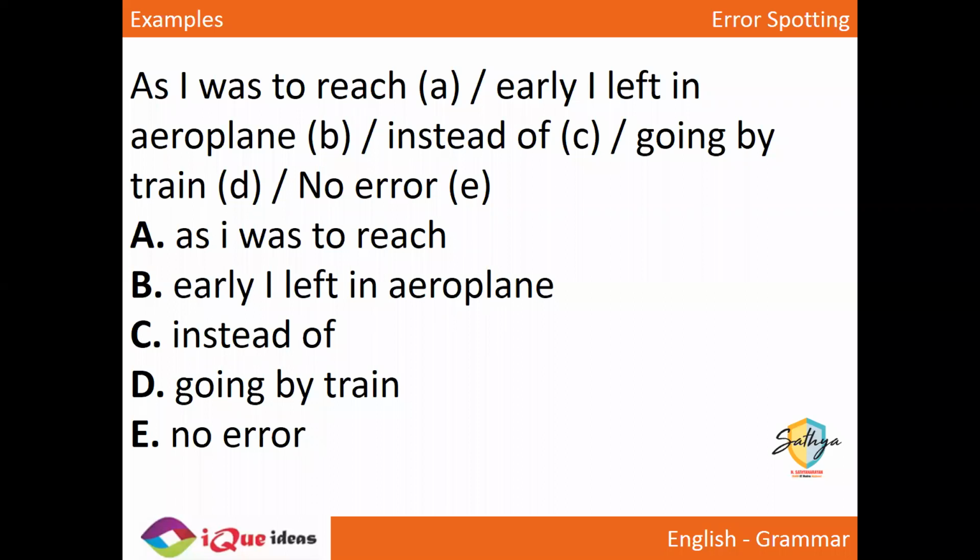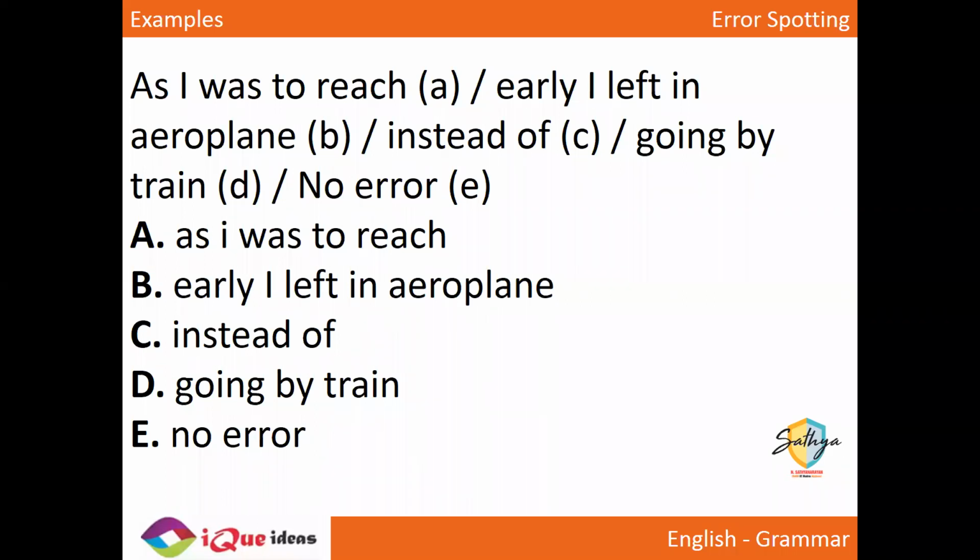Are you getting it? So somebody is telling me first part had to. No, as I was to reach is pretty much okay. It's not incorrect to say I was to reach, as in I was supposed to reach, right? It's what it means. So the word supposed can be excluded there. So as I was to reach early, I left in aeroplane.